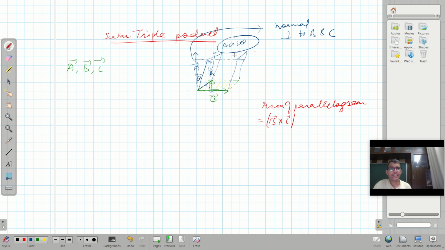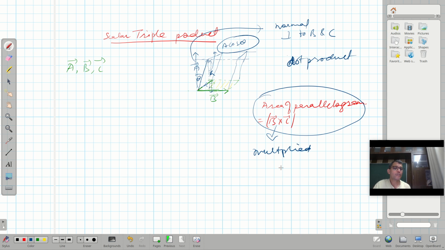This is basically A cos theta, as we have seen in the case of the dot product. So when the area of the parallelogram is multiplied by this height, it becomes the volume of the parallelepiped.